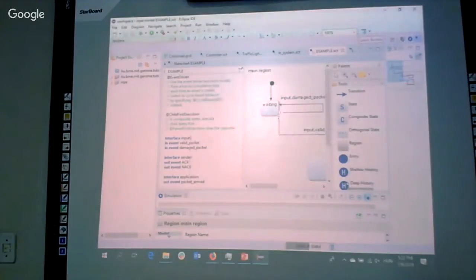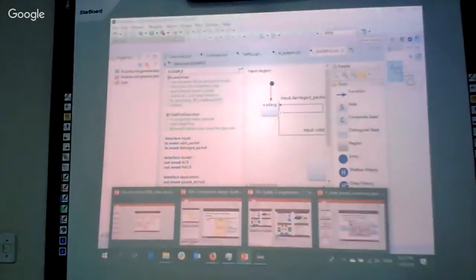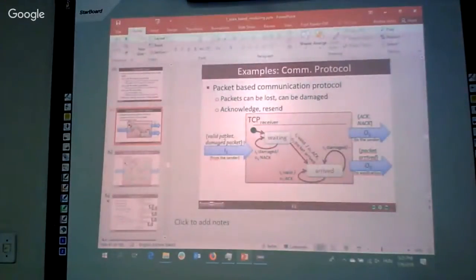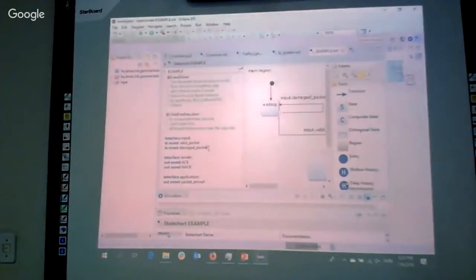interfaces. So if you remember, I do not know if you see it from the last rows. Oh, so you should come closer. So this state machine can have interfaces, for example, the input interface. If you remember, we can have valid packets or damaged packets.